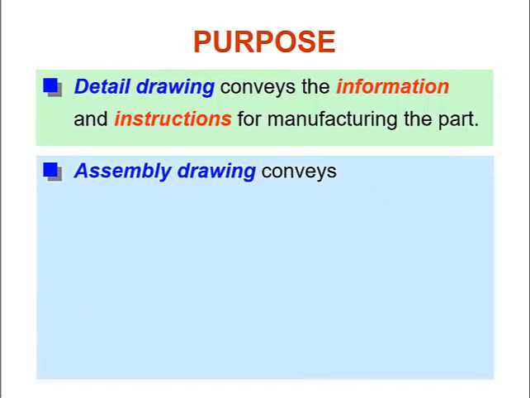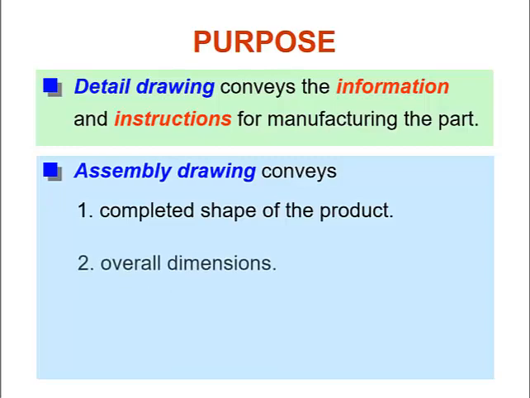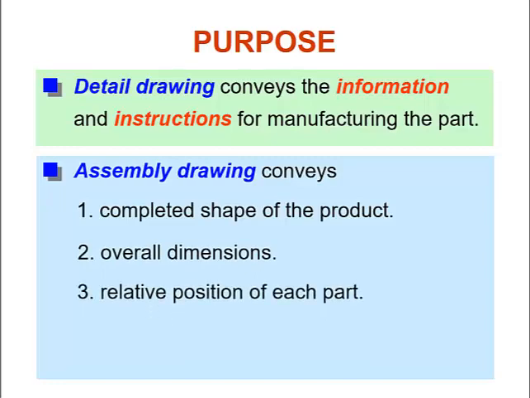And the purpose of the assembly drawing is to convey, first, the complete shape of the product to make sure that it goes together well; second, the overall dimensioning, the total dimension when they are put together, how big it should be, and the relative position of each part.